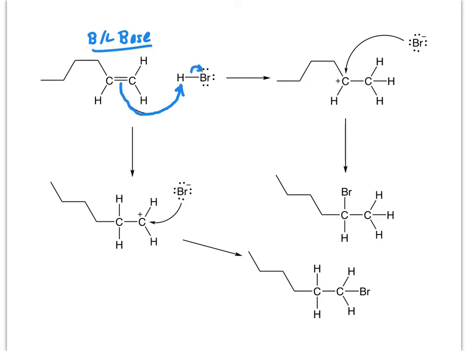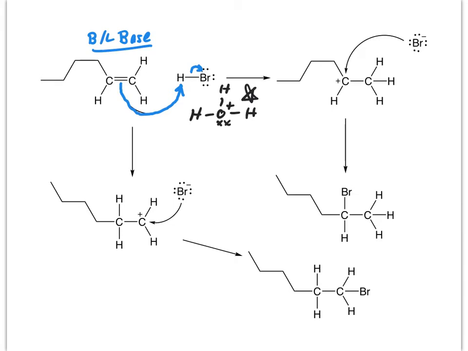Now, remember this is aqueous. We know under aqueous conditions that hydrogen bromide is probably dissociated, and so the strongest available acid is probably water instead of the hydrogen bromide.